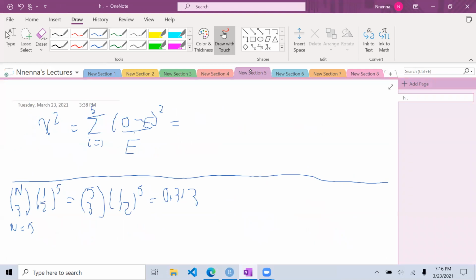And it's also the case that when you look at, for instance, 5 choose 4 times 1/2 to the power 5, you get something like 0.156, which should match up with what you get when you put 5 choose 1. So they end up being the same.